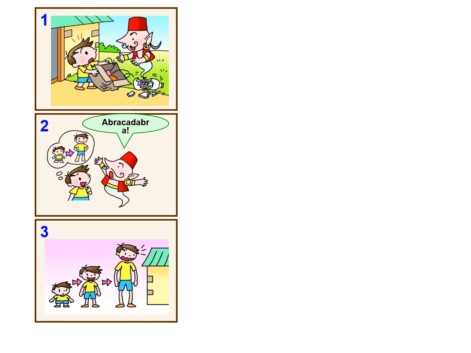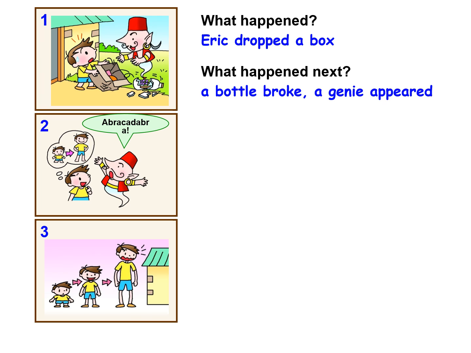Here are some examples of possible answers to the questions. What happened? Eric dropped a box. What happened next? A bottle broke. A genie appeared. What did the genie do?